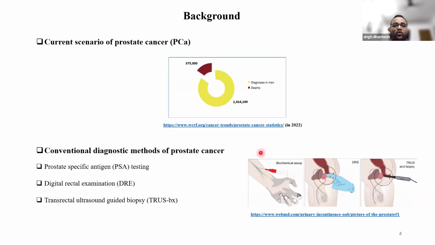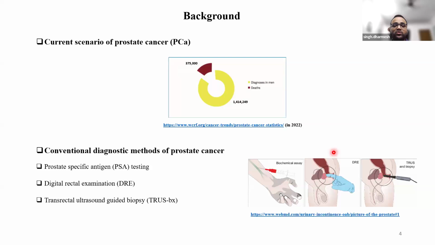According to Globocan 2022 data, prostate cancer is the most common cancer in men and ranks fourth overall among all cancers globally, as per the World Cancer Research Fund.